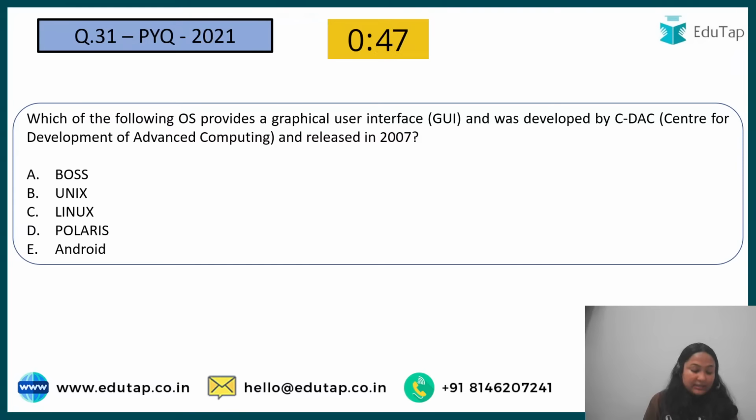The correct answer will be BOSS, Bharat Operating System Solutions. Please do remember this point, it becomes important. B Bharat, O operating, S system, S solutions. It is a type of open source software also.